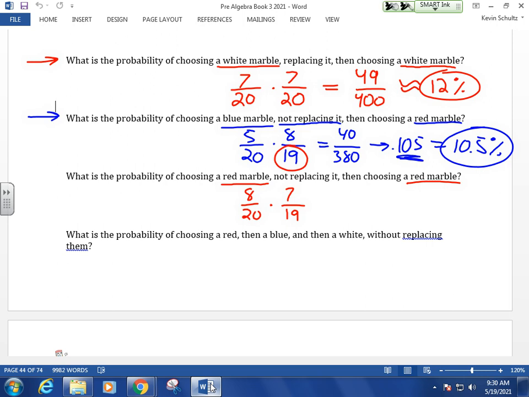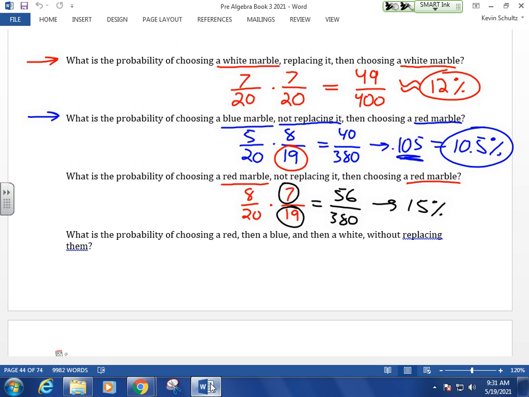Not only your denominator, because there are only 19 marbles left, but also your numerator, because you're looking for a second red one. And if you already took a red one out of the bag, there are only 7 red ones left. So this would be a probability of 56 out of 380, which would work out to be what percentage-wise? 56 out of 380 is about 14.7, so rounding up to 15% chance.